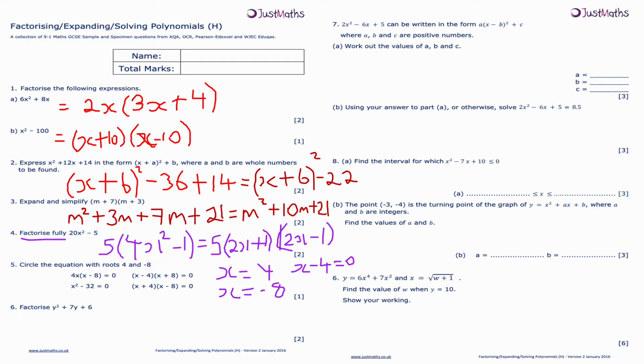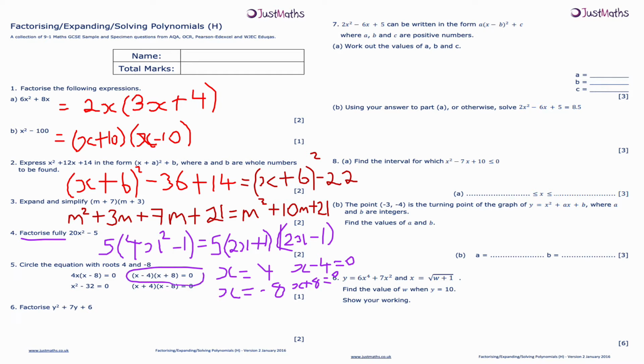And this is actually the factorized version. So that's going to be option number 2. So I'm going to circle that one there. So it's x minus 4 times x plus 8 equals 0. Because if I was to solve that, I'd get x equals 4 here and x equals negative 8.